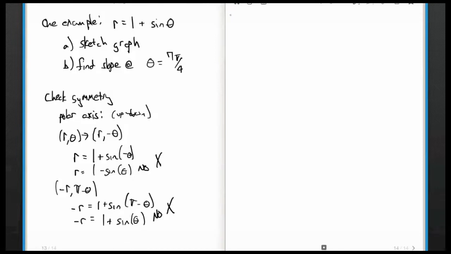Let's check what I will call left-right symmetry. About theta, that's phi, not theta. Theta equals pi by 2. Now, what points do we put in there? We put in the negative r and negative theta.